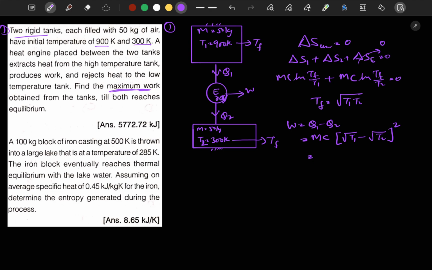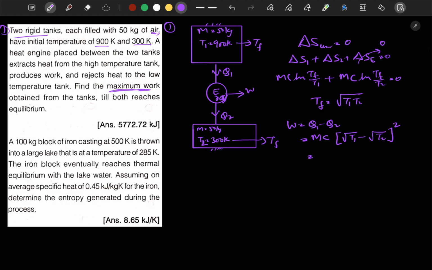Since it is mentioned that it is 50 kg of air, the value of Cp for air is 1.005. Sorry, it shouldn't be Cp, it should be Cv. And why is it Cv?